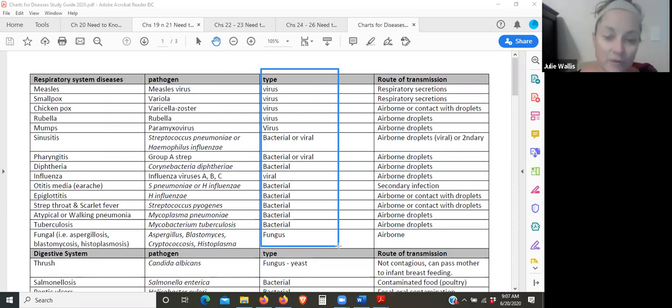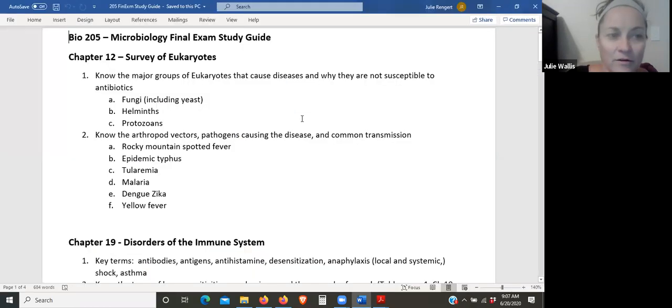You just have to slow down and make sure that you're reading it. So for example, I was just talking about Candida albicans. It tells you right here that it's a fungus and it's yeast. So that's just one note, and that's why I have that listed on the study guide.